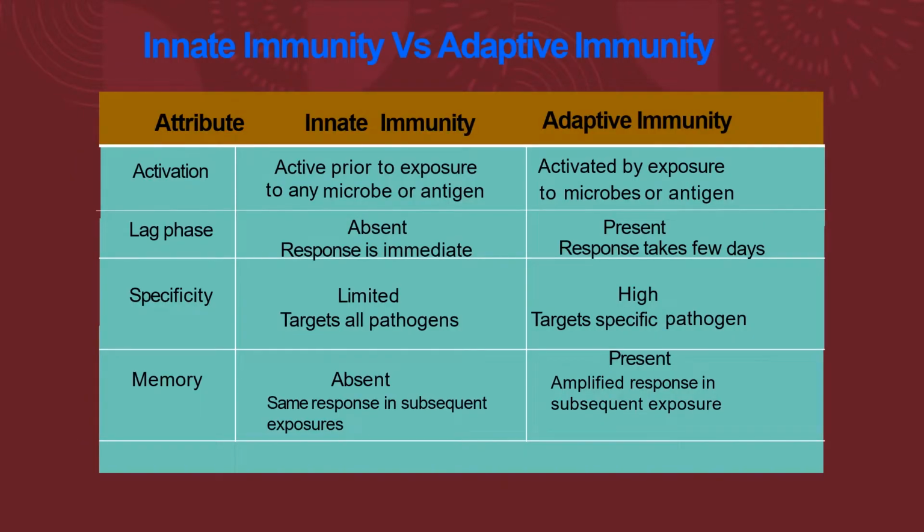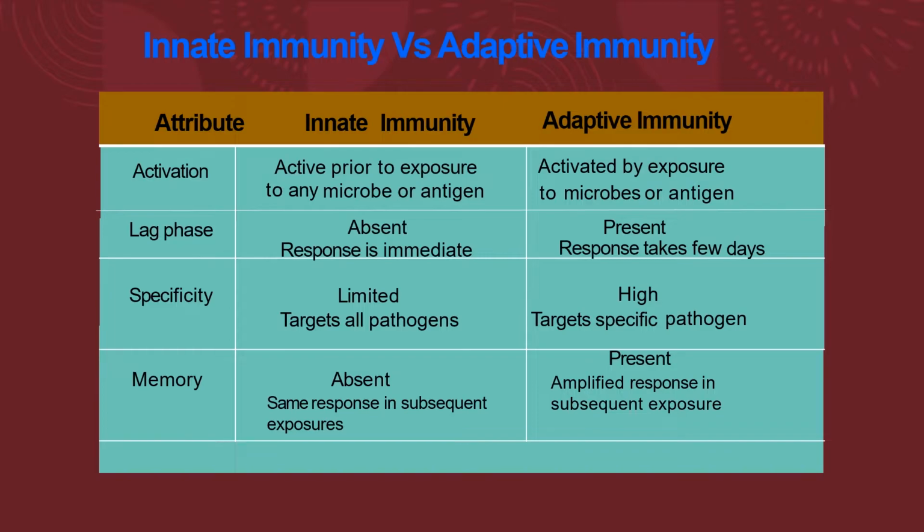Now this slide shows the comparison between innate and adaptive immunity. Innate immunity is active prior to exposure to any microbe or antigen, while adaptive immunity is activated by exposure to microbes or antigens. Lag phase is absent in innate immunity and it gives immediate response, while lag phase is present in adaptive immunity and it takes few days to respond.